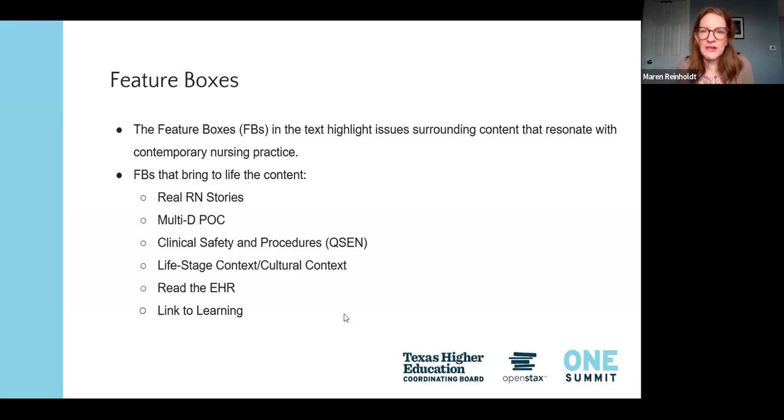I'm thinking about, in the cultural chapter, or, I'm sorry, specifically the ethics chapter, a link to the ANA's Code of Ethics. So the writer does talk about it, but gives the learner a chance to delve deeper into the topic and go back to the original source.